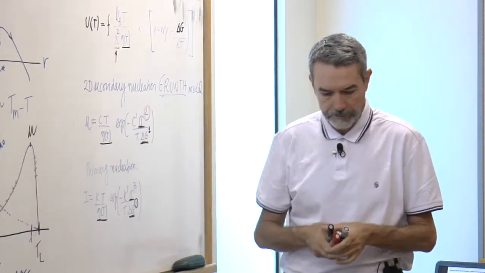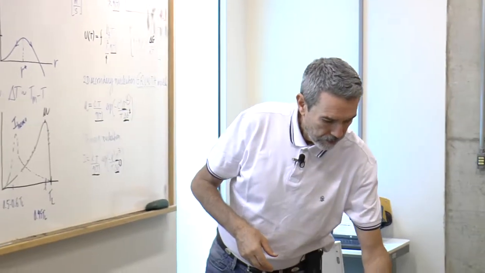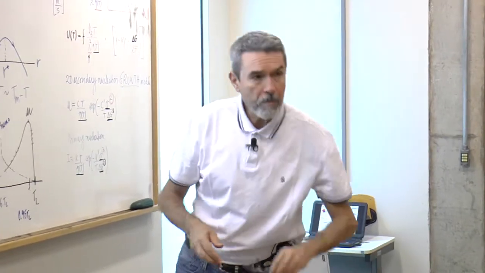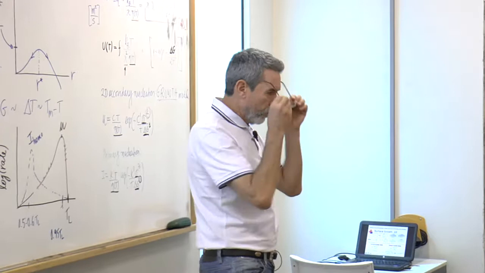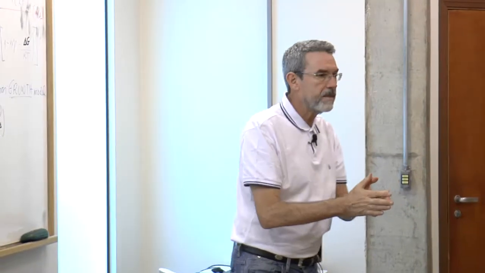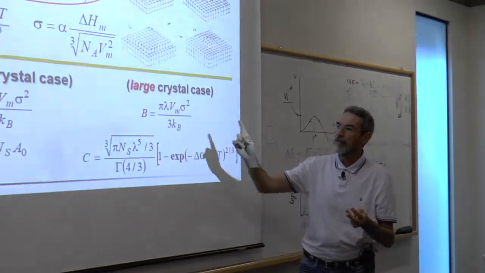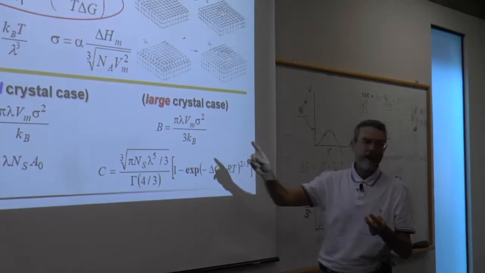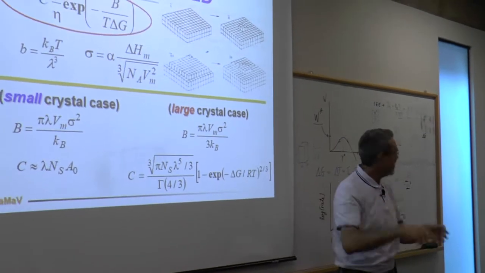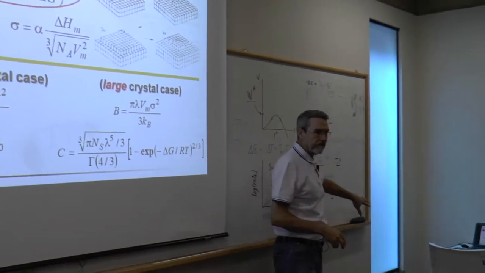So, your next homework then is to get your glass, find crystal growth data, and test the 3 or 4, I should say, because this is divided in 2 parts, but it's the same general equation.